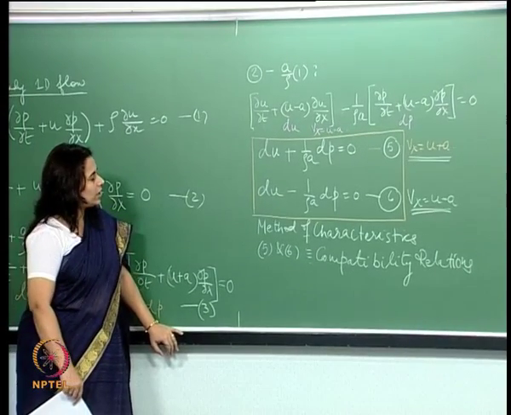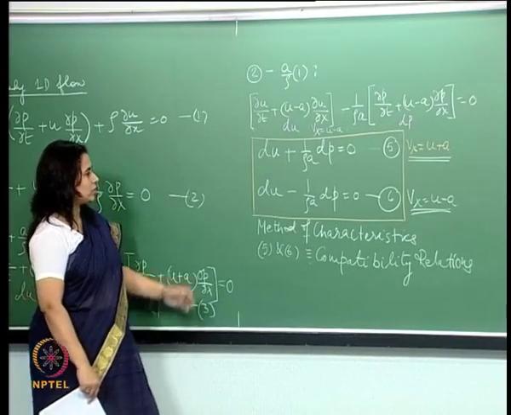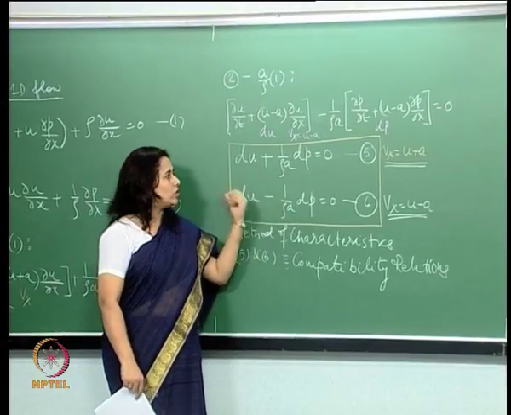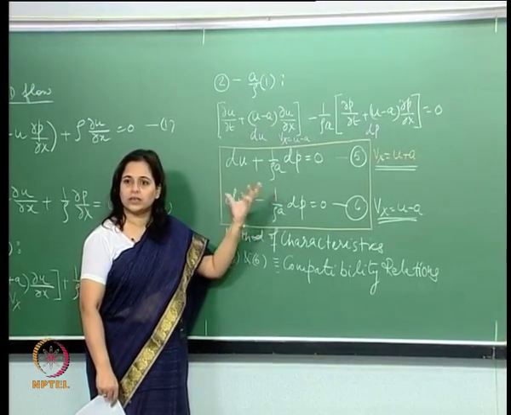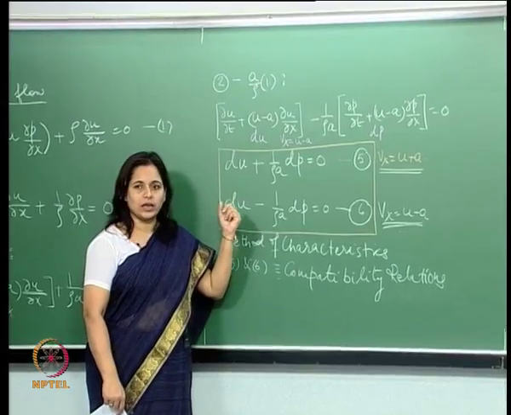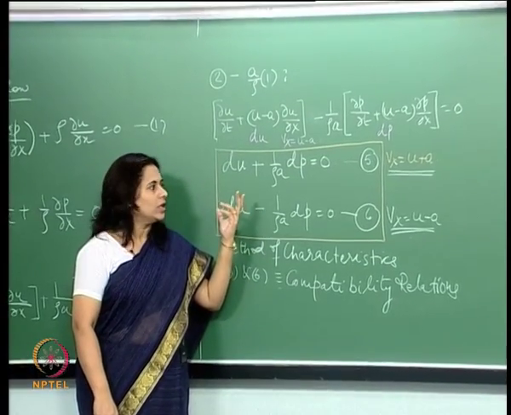Now we'll see why we call it the method of characteristics. What we will see here is that the solution to these equations essentially lies on two lines.